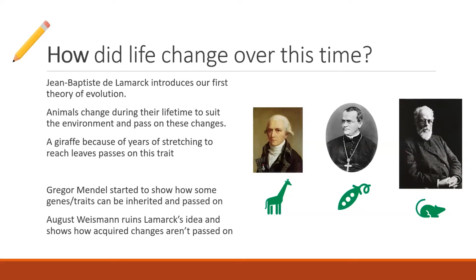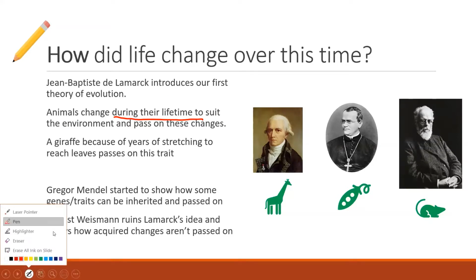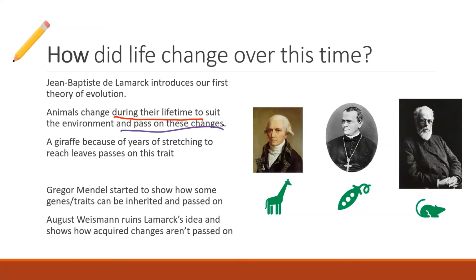Now, this theory is not the theory that sticks around, but what he says is animals change during their lifetime to suit the environment, and then they pass on these changes. Half of this is correct and half of this is wrong.